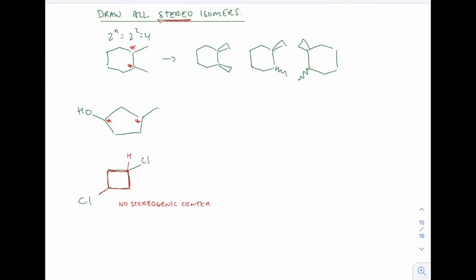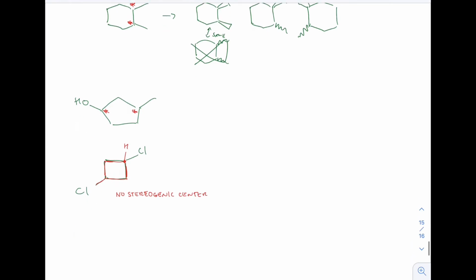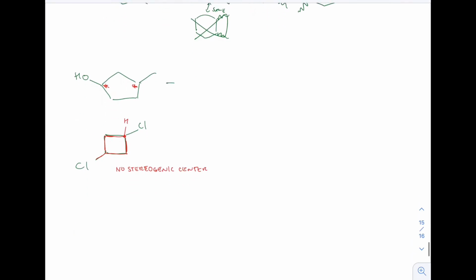If we draw another one with the dashes, that is actually the same compound because it's a meso compound and it has symmetry, and therefore we don't have 4 total stereoisomers. We only have 3.